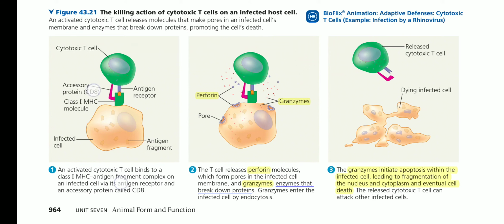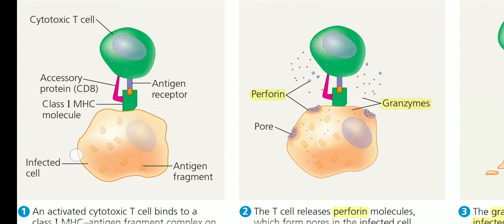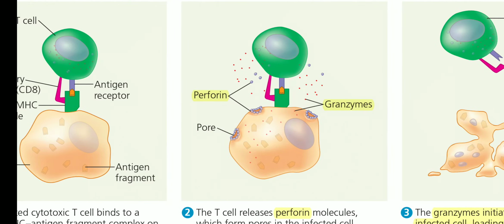Okay, so what happens? The class 1 MHC molecule presenting the antigen fragment will be detected by the cytotoxic T cells. The cytotoxic T cells bind with that antigen presenting cell, with the antigen receptor binding to that fragment with the help of the CD8 receptor to recognize the class 1 MHC molecule, and then it secretes perforin and granzyme.